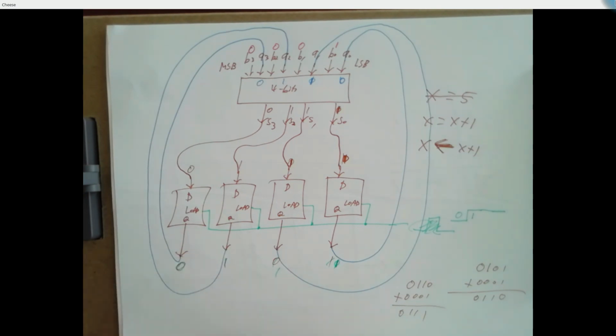Now, on a computer, when we say X equals X plus 1, we mean add 1 to X and make that the new value of X. If X was 5, make it a 6. But on our computer, when we say X equals X plus 1, we're seeing something different. We're saying, keep setting X equal to X plus 1, which is kind of like a loop. And it's not really what we wanted to have happen.